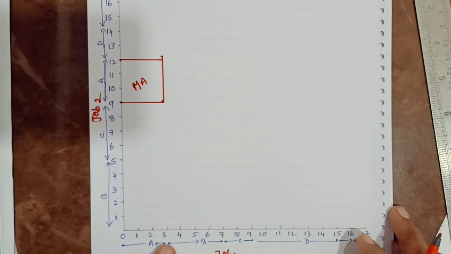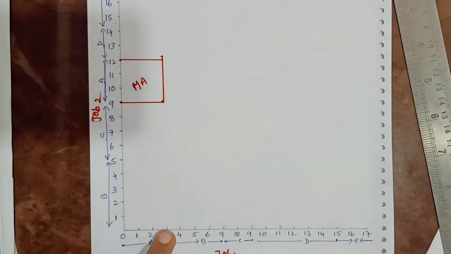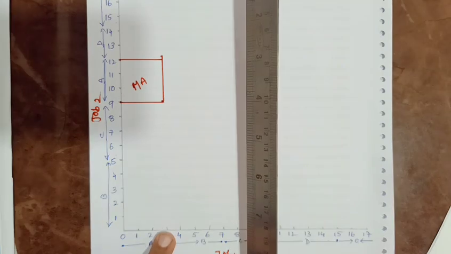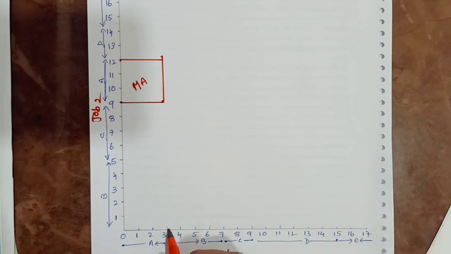So from 3, it is taking 4 hours: 1, 2, 3, 4, so up to 7. So that is 4 hours.